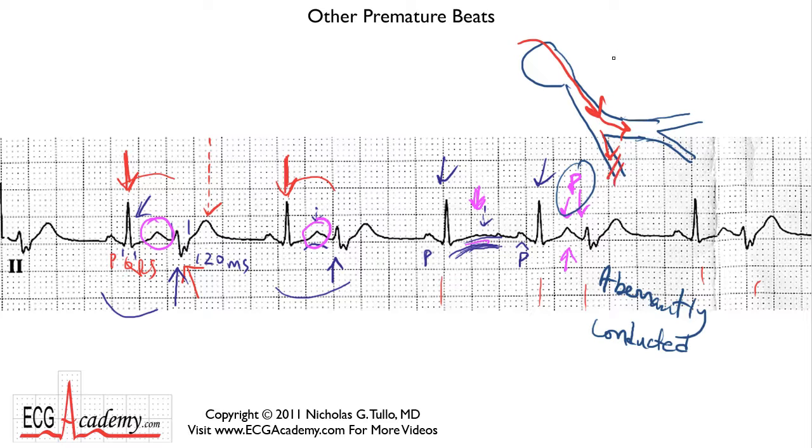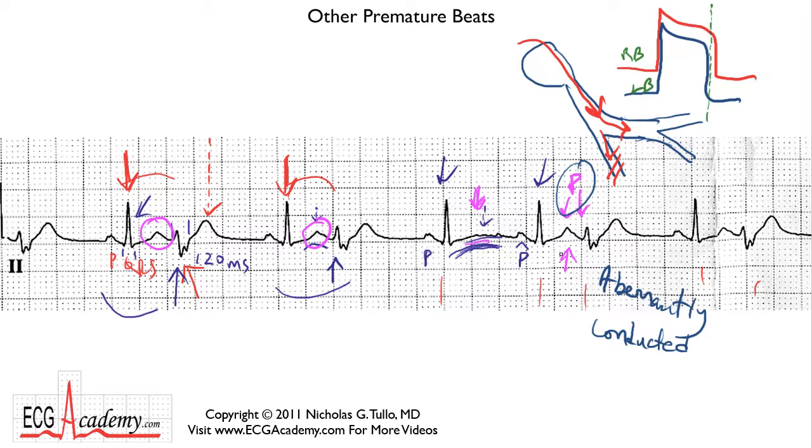It hasn't recovered from refractoriness. Remember, the right bundle can have a longer refractory period than the left bundle. And if this beat comes down right at this location, it may be able to conduct down the left bundle, but the right bundle is blocked. And that gives you aberrant conduction, or a functional bundle branch block.